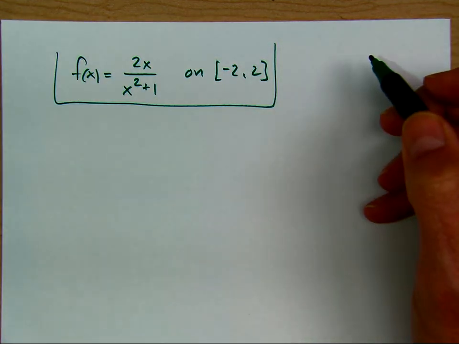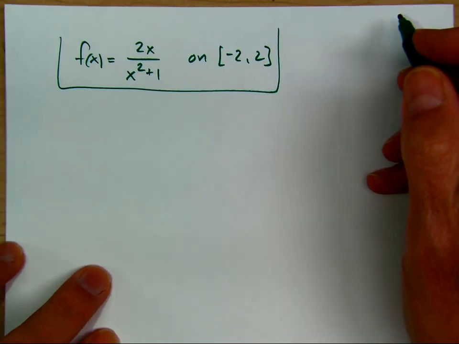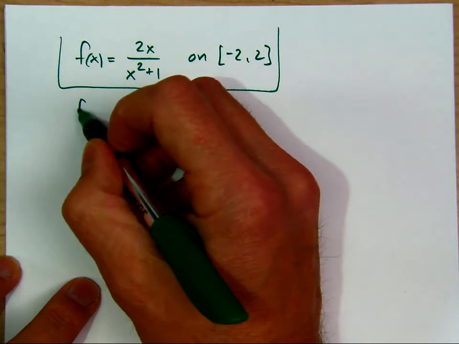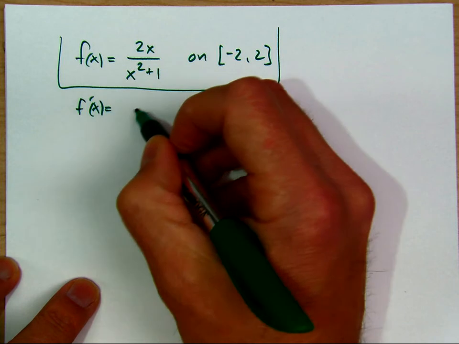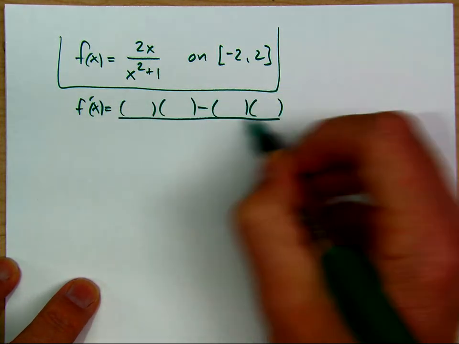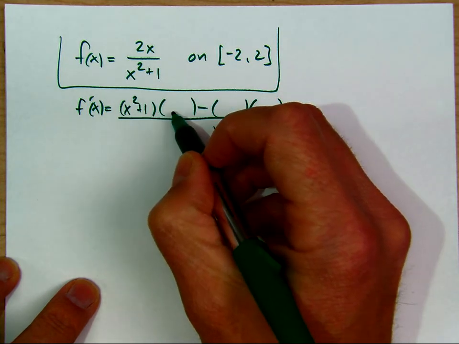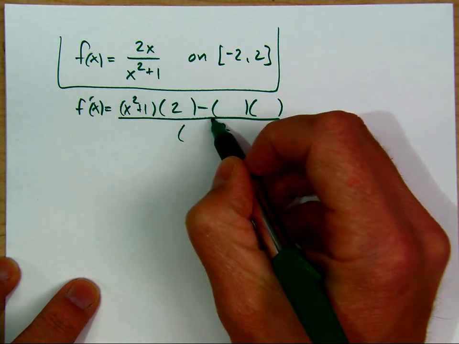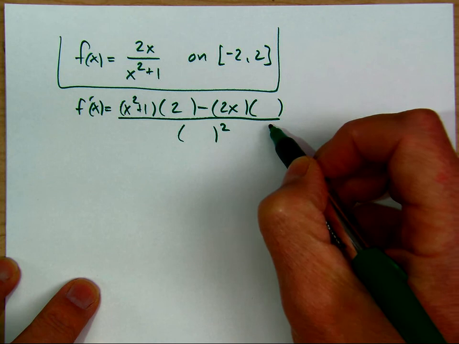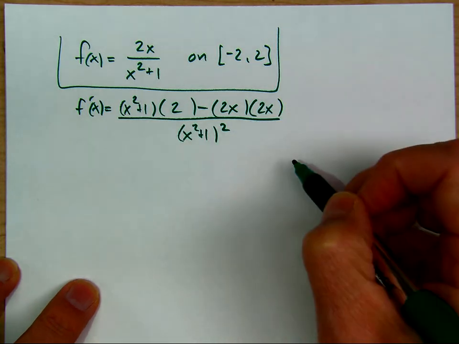Pause the video and try this one. We need the derivative. And that will be the denominator times the derivative of the numerator minus the numerator times the derivative of the denominator, over the denominator squared.